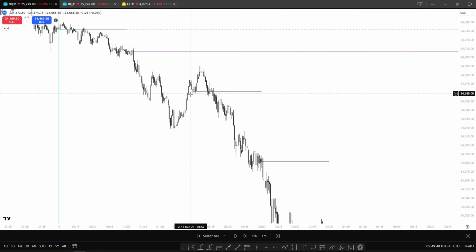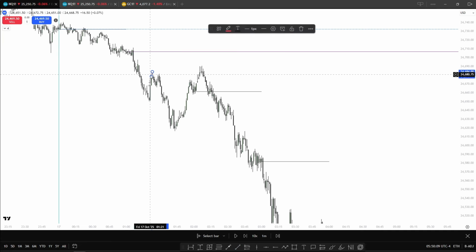What do you see happening here? We see our 2 o'clock opening price right here. We see it run higher, and then what? We see us run higher above an internal range high right here.